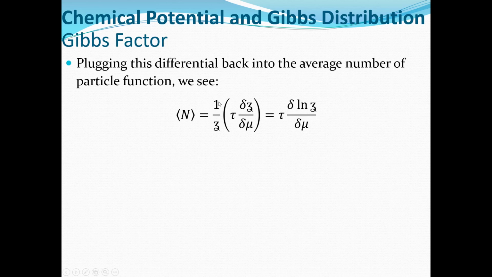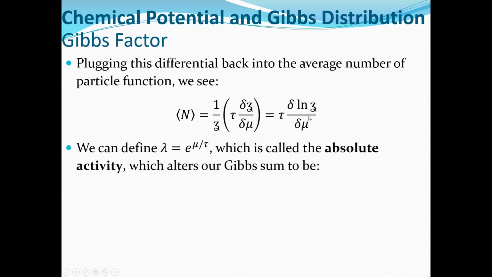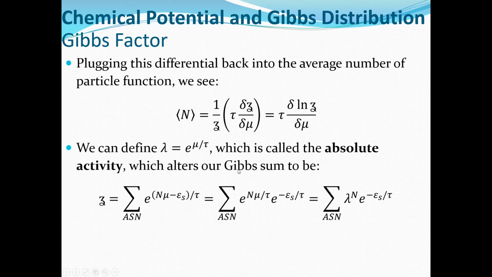And then once again, we can combine this 1 over the partition function into this partial derivative by turning that Z into ln of Z. And this is the thing I was telling you about: we can replace that e to the mu over tau with a lambda. This lambda is defined as the absolute activity. It's just a way of trying to neaten up the equation a bit. So here you go, like that. That's really all it does.